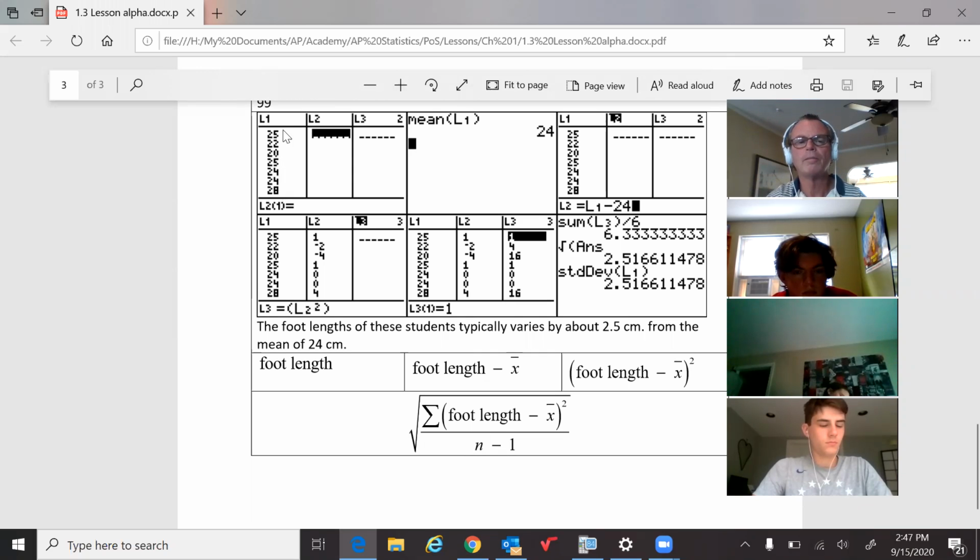So there they are. We found the mean. The mean's 24. So I did list 1 subtract 24. That's what's at the bottom of the screen, and that's in list 2. So there are the numbers in list 2, but they're going to add up to 0.